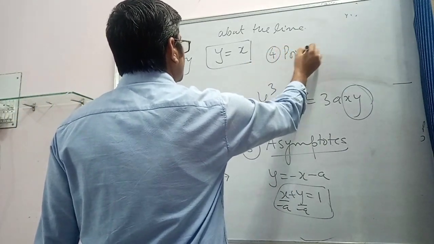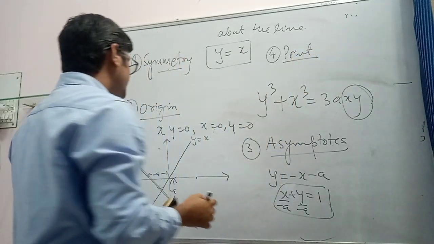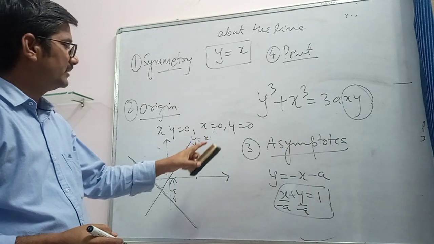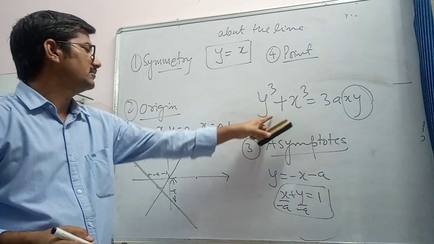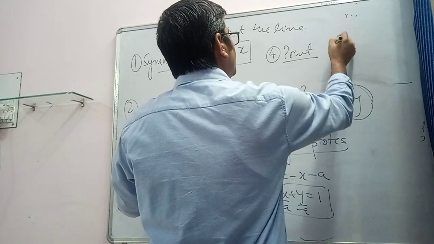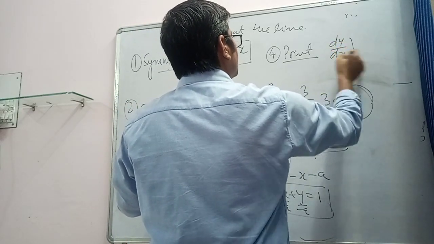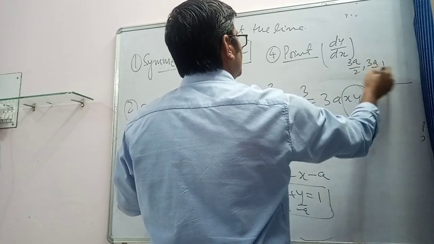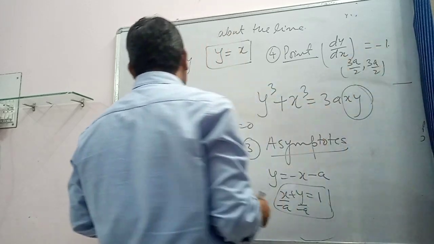So we have already tested the dy by dx at the point of intersection of this curve with this line of symmetry. That point was 3a by 2, 3a by 2. So dy by dx at this point, 3a by 2, 3a by 2, was minus 1.